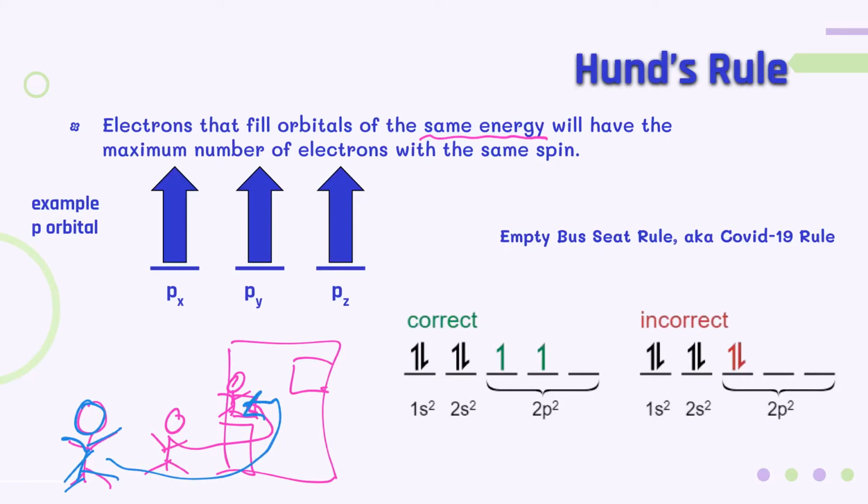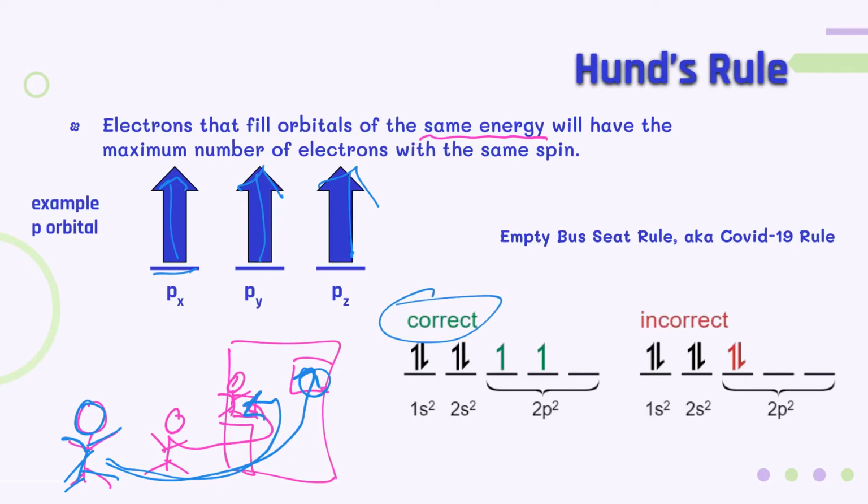He's not going to sit right there because this seat is empty. He's going to go right here. So you fill the empty seats first before you're doubling up. Same goes for electrons with Hund's Rule. They're going to fill up here, here, and here first before trying to double up.